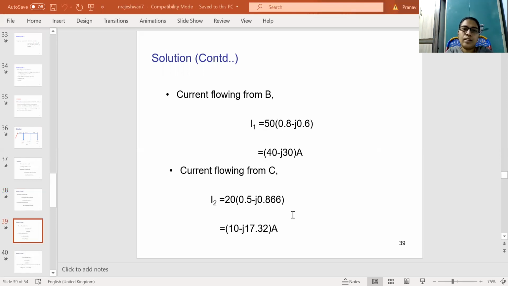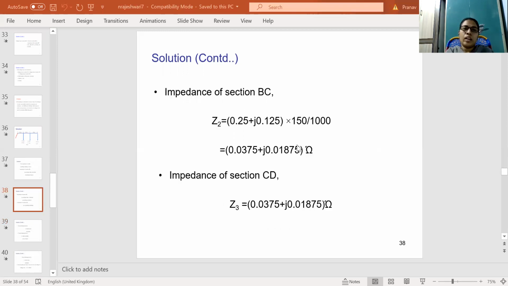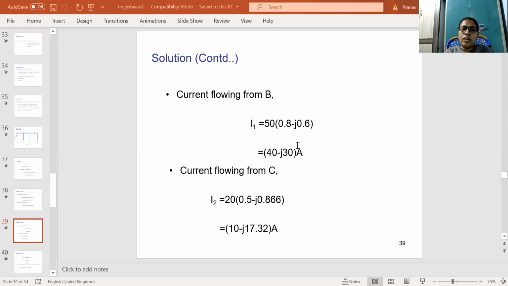Then coming to the current flowing through B, it is I1. So 50 into 0.8 minus j0.6 will give 40 minus j30 amperes as the current flowing from B, and the current flowing from C will be I2. So 20 into 0.5 minus j0.866 will give 10 minus j17.32 amperes.